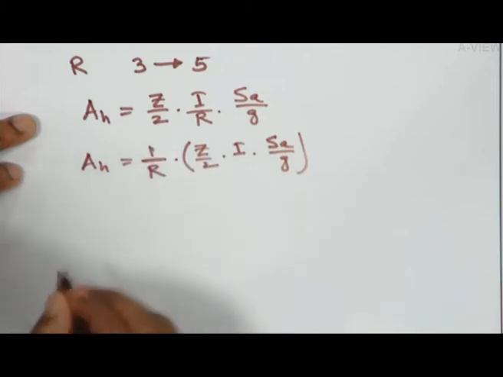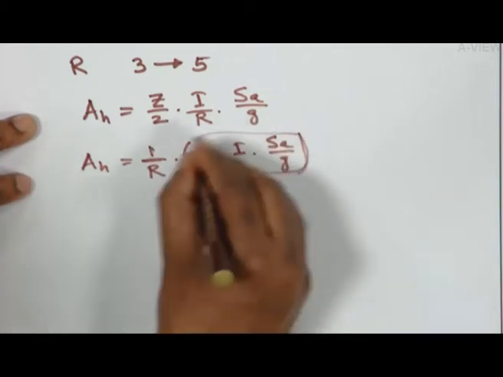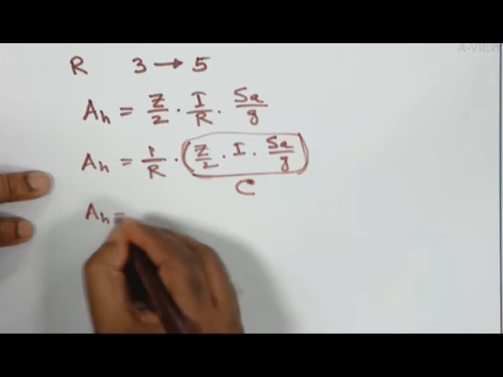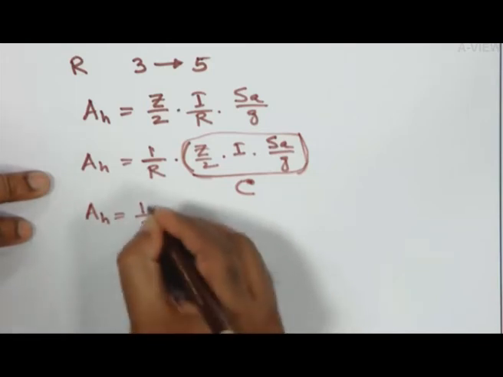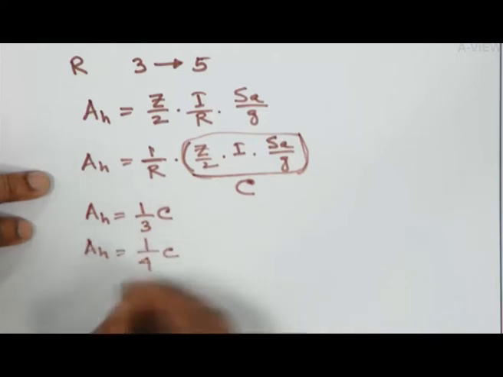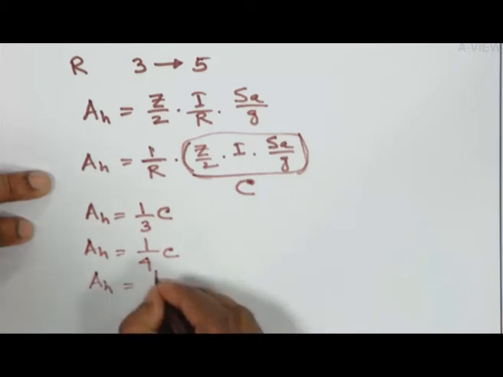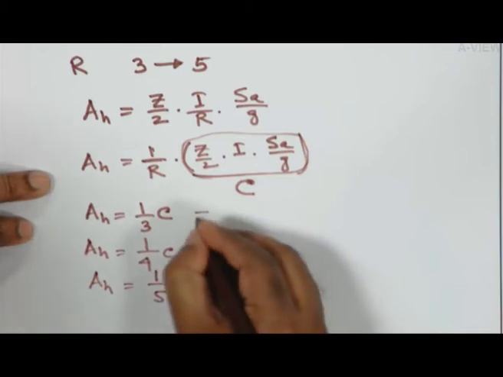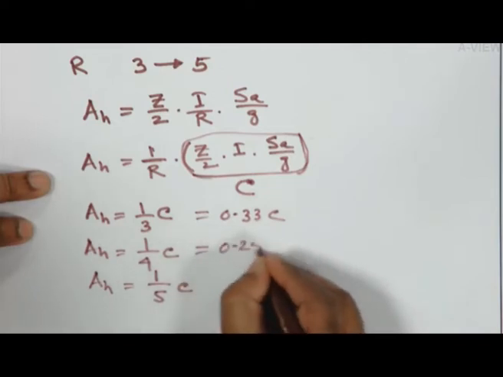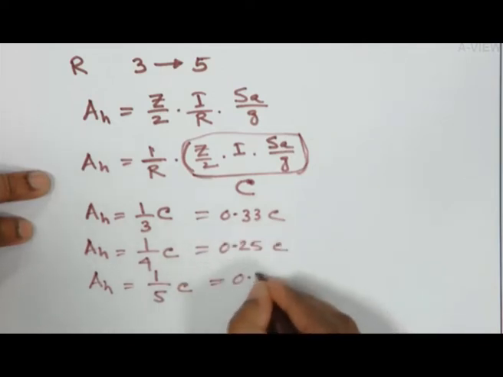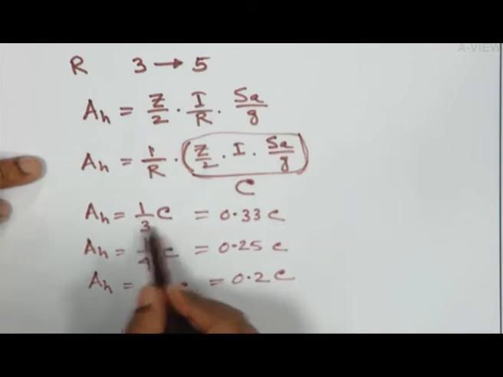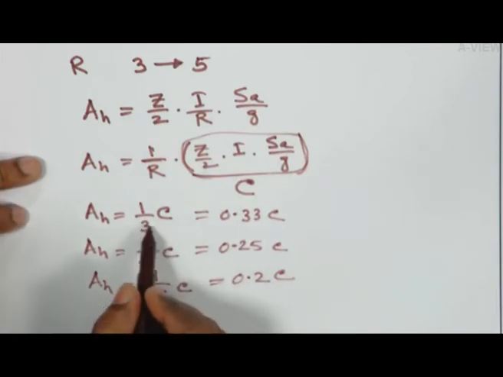Now I am getting here 1 by R, so let us consider this one as C. So Ah equal to 1 by 3 C, Ah equal to 1 by 4 C, Ah equal to 1 by 5 C. This means 0.33 C, 0.25 C, 0.2 C. That means this parameter is going to change with respect to the different values of moment resistance. That means here that if it is ordinary, then we are getting 3.